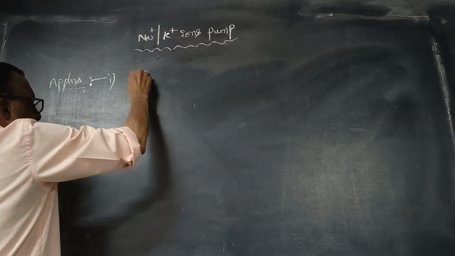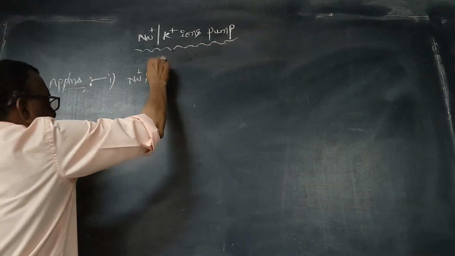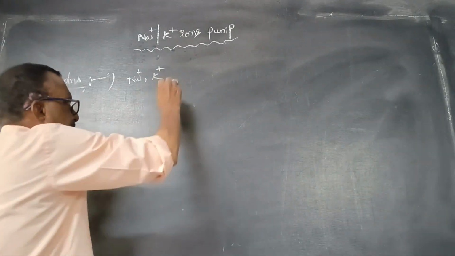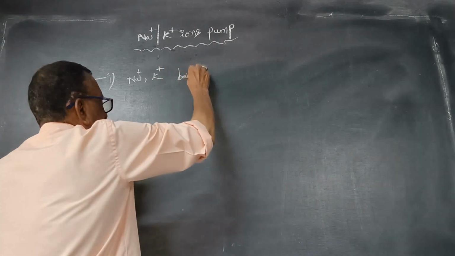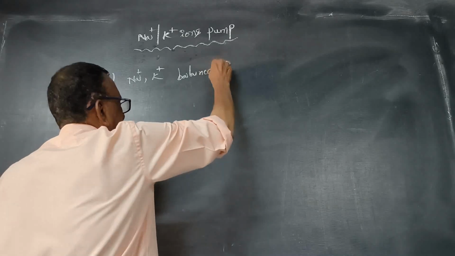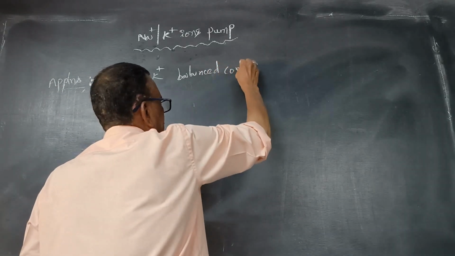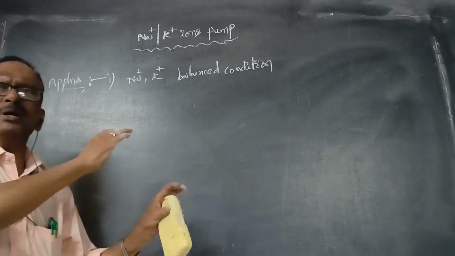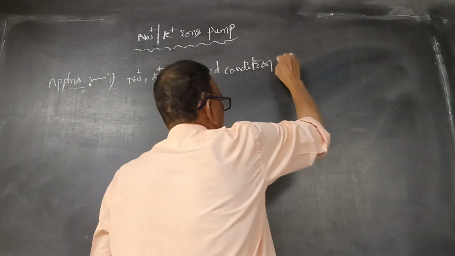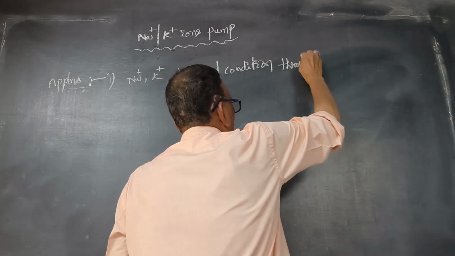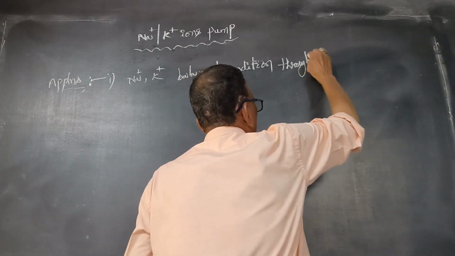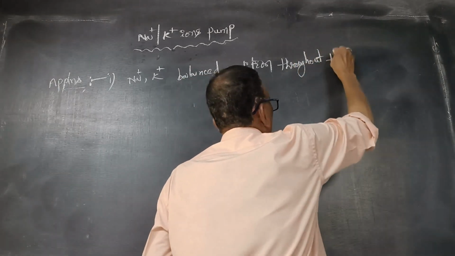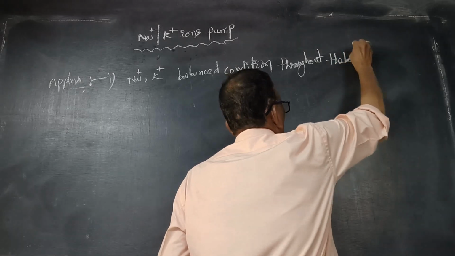if sodium ions and potassium ions are present in a balanced condition throughout the body, then what happens?